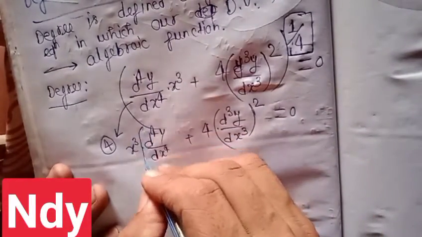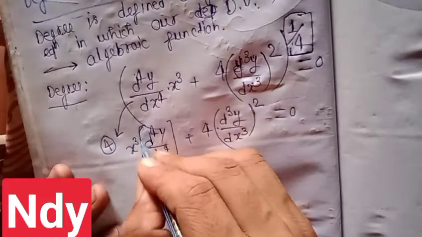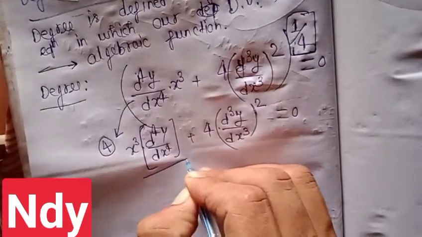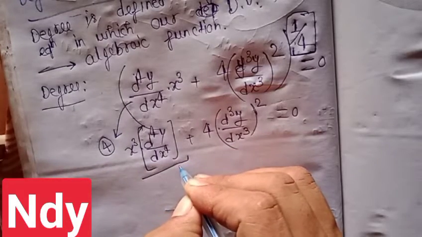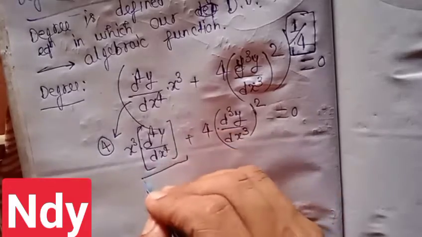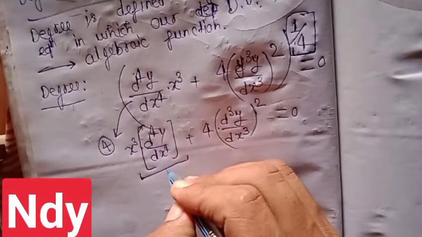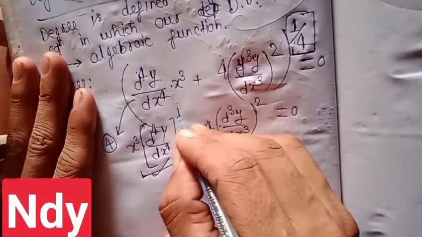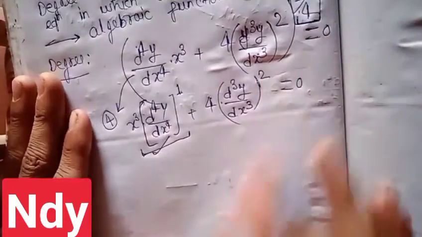The degree is the power of the highest derivative term. In this case the term with the highest derivative has power 1, so its degree is 1. For better understanding we will take many examples.